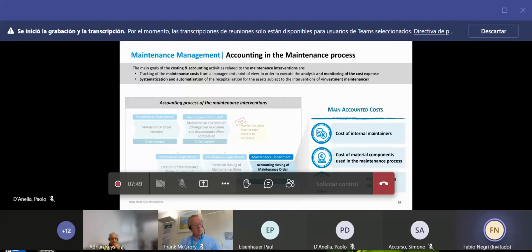In this case, we are talking about materials which are not managed in the SAP inventory because they are used by the supplier, but we can take them into consideration in the accounting of these external interventions. I ask if everything is clear so far.